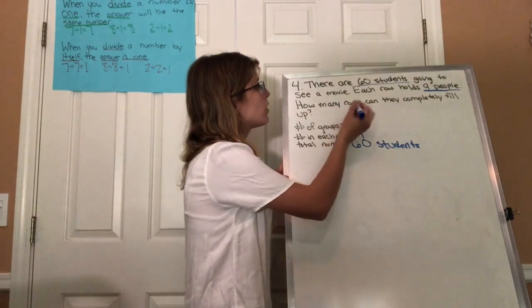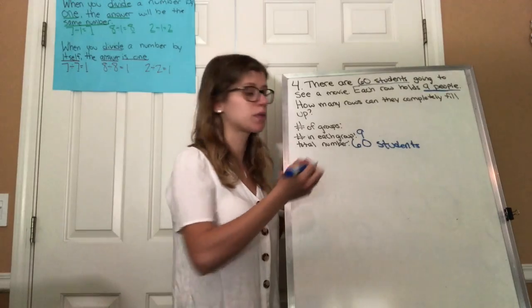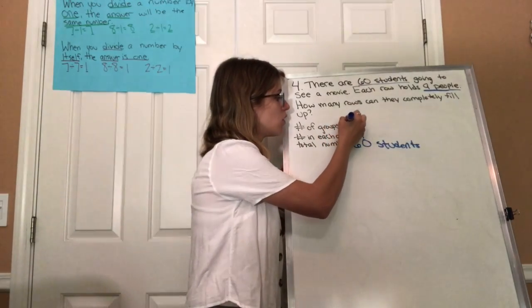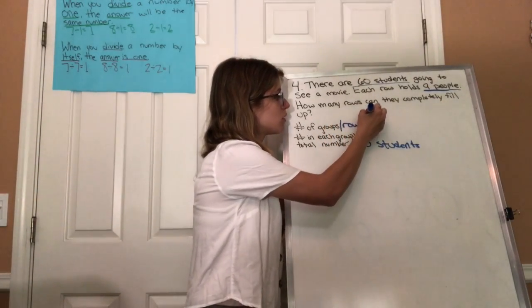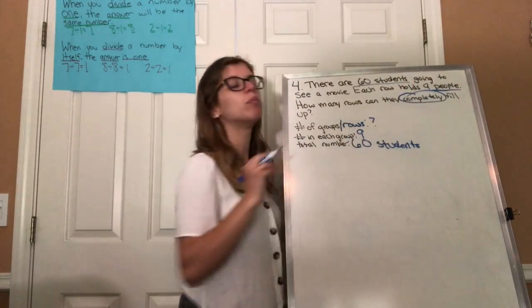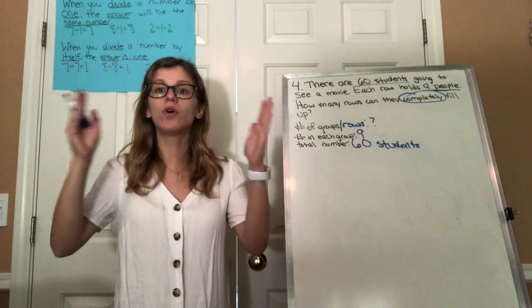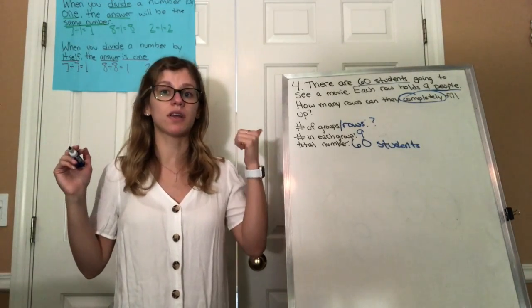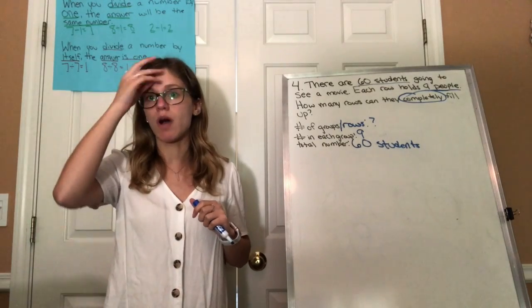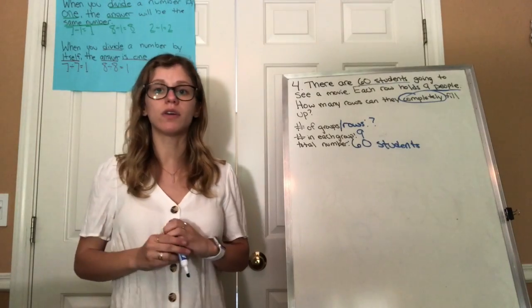And then it asks us how many rows can they completely fill up. So we're trying to figure out the number of groups, or the number of rows. And that's our question. And I noticed that it says completely fill up. It needs to have a full row of 9 in order to be considered an answer for this problem. We can't have anything left over or any rows that are not completely filled.